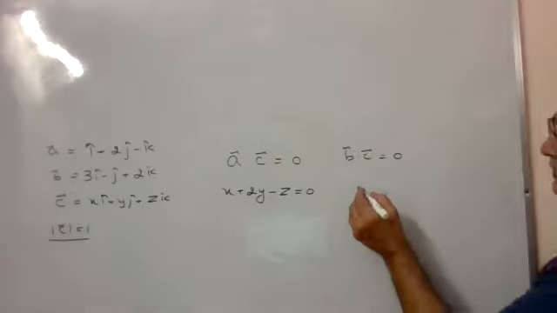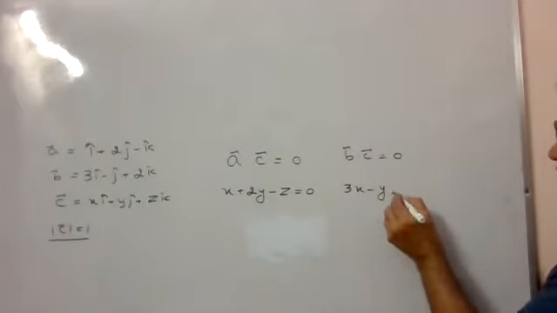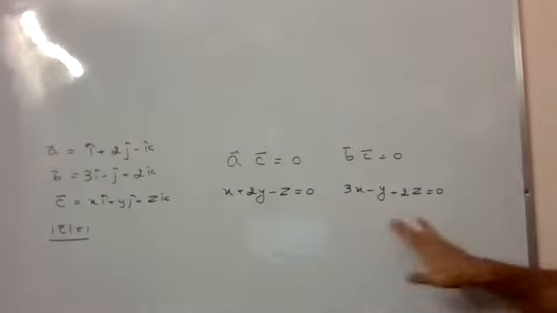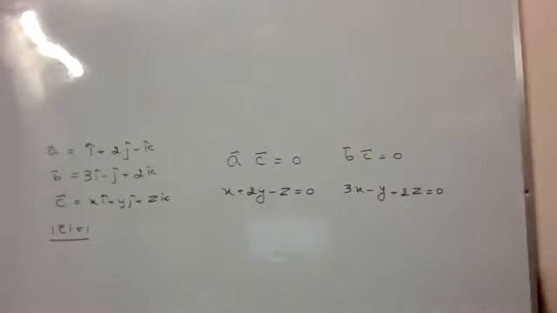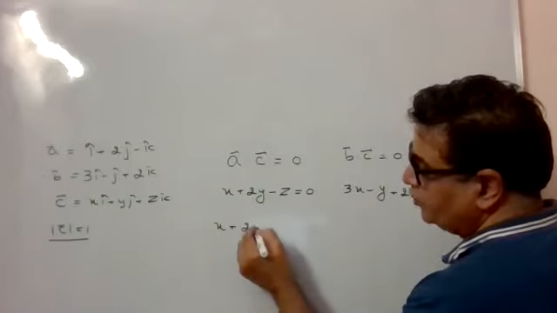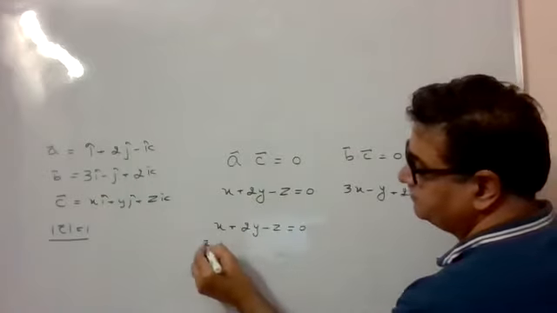And another one is 3x minus y plus 2z equal to 0. The third equation is missing here. So the problem will be how to get x, y, z is the important case here.